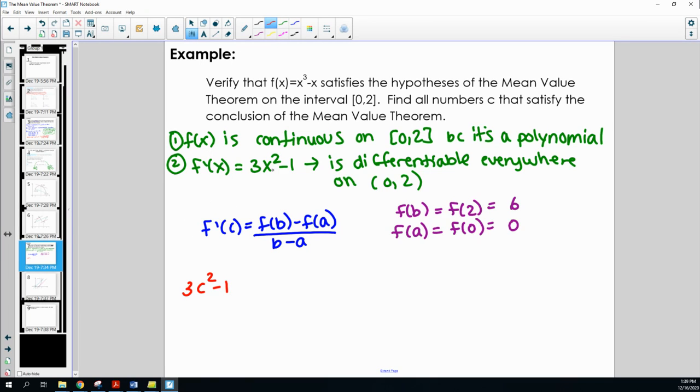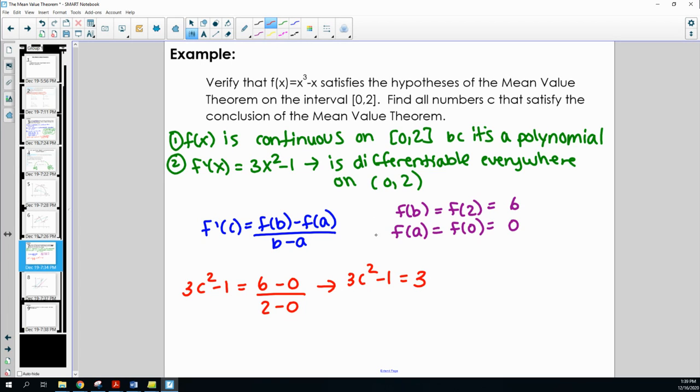So I took the derivative and I just plugged c in instead of x. f of b is 6, f of a is 0, and then b minus a, that's going to be 2 minus 0. So what I end up getting here is 3c squared minus 1 equals 6 over 2, which is 3.